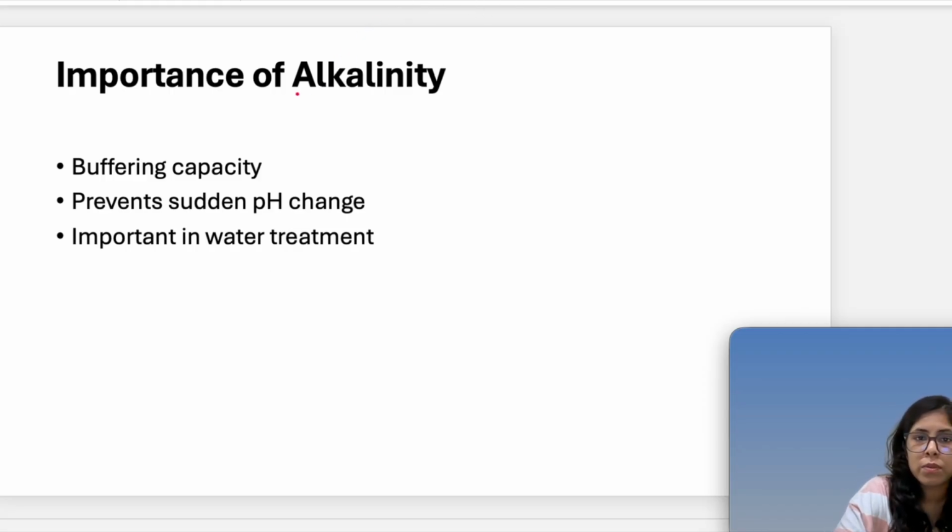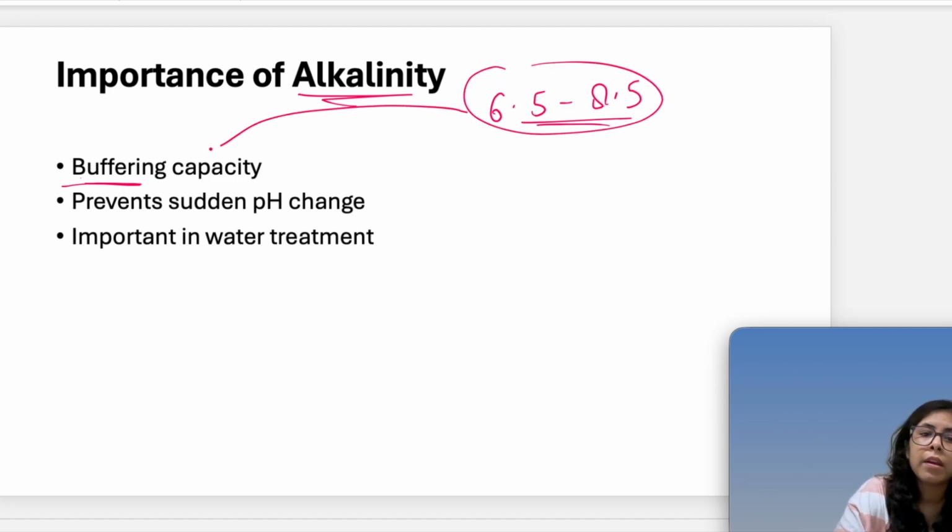Because water has HCO3 minus and carbonate, this is called buffering capacity. The property of water that keeps its pH in the 6.5 to 8.5 range only is known as buffering. This buffering capacity comes due to the alkalinity.